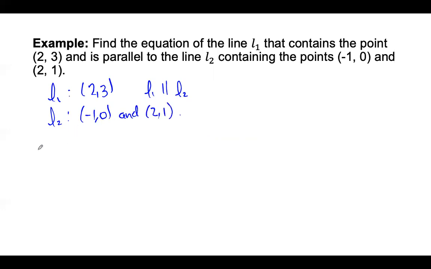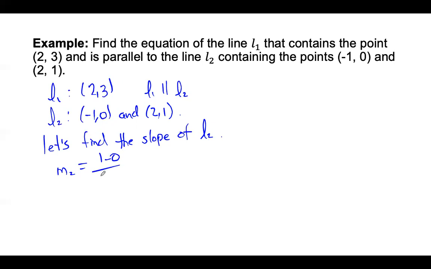So let's find the slope first, the slope of L2. M2 is going to be just 1 minus 0 divided by 2 minus -1. Calculate this, get 1 over 3.